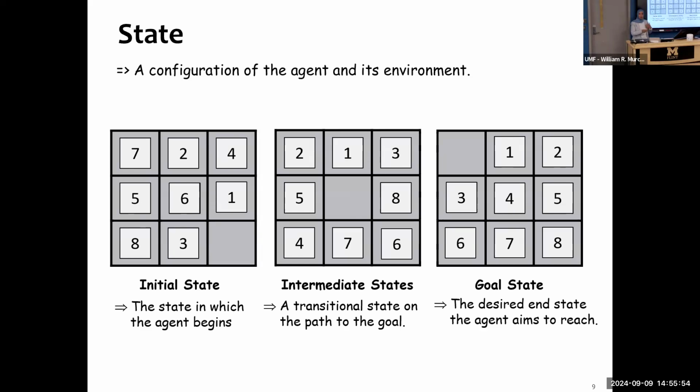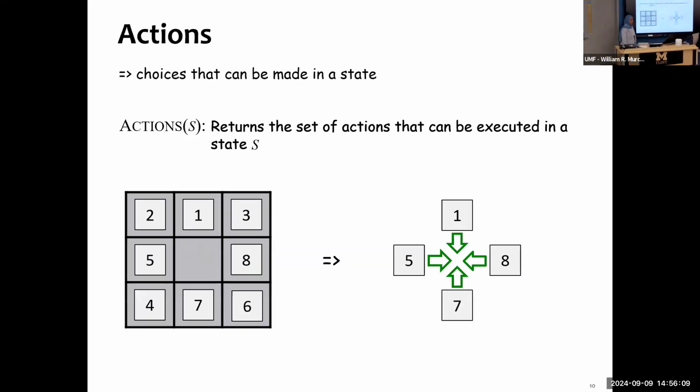Then, going through multiple intermediate states, the agent is going to reach the goal state, which is the ordered elements right here. Different actions could be taken, and they represent the choices that could be made in a state. This is an abstract definition.